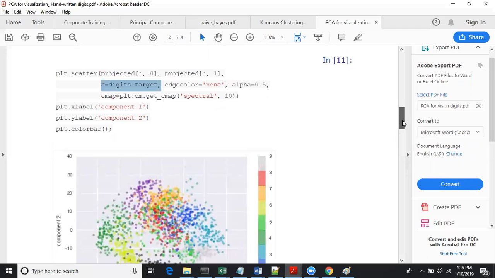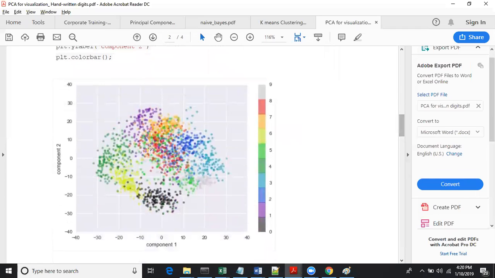So how many types are there? Ultimately, we wanted to use 10 numbers, so we can put a type of coloring. We can plot this in 2-dimensional space, and the 2-dimensional space contains 10 colors, which means the data are of 10 different digits, 0 to 9.